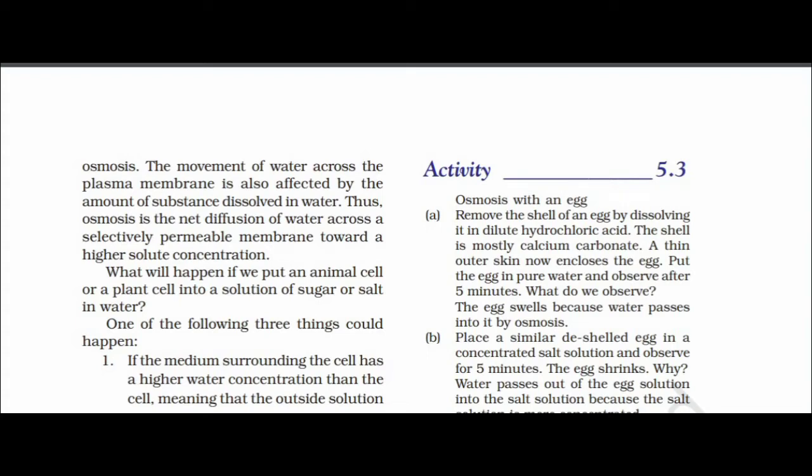Now here an egg is taken and the shell is removed, and the shell is mostly calcium carbonate. Now a thin outer skin encloses the egg. Now this egg is put into pure water and it is observed for 5 minutes.